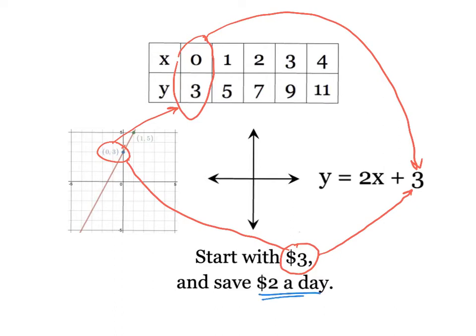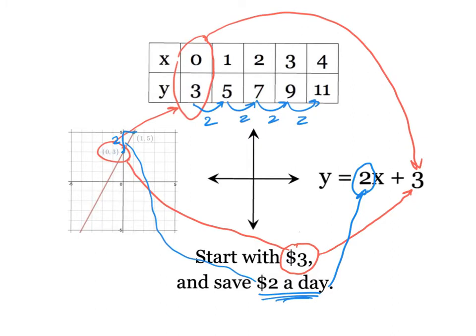Now the saves $2 a day, that shows up in the equation. That shows up in the table. Okay, and that shows up in the graph as well. So that $2 a day shows up in all four situations as well.